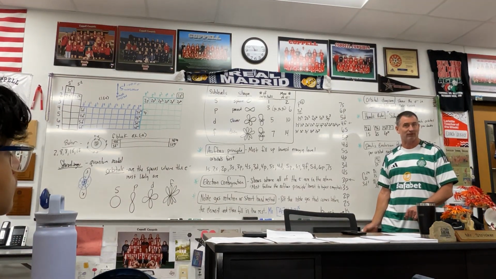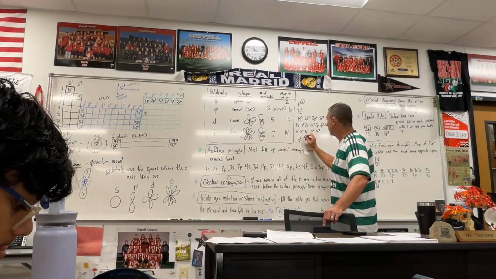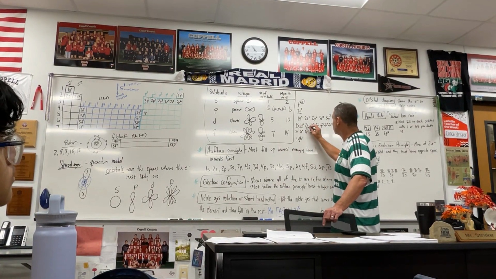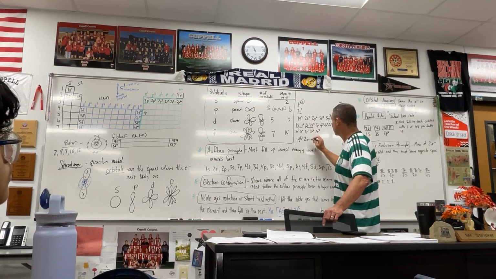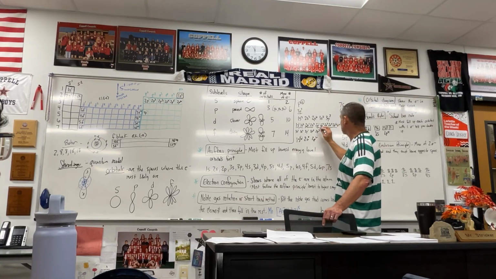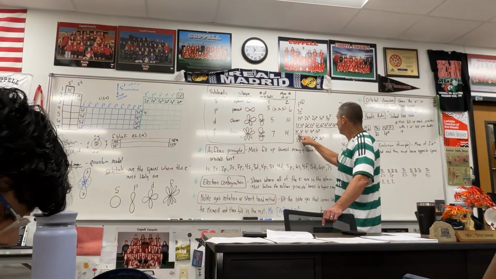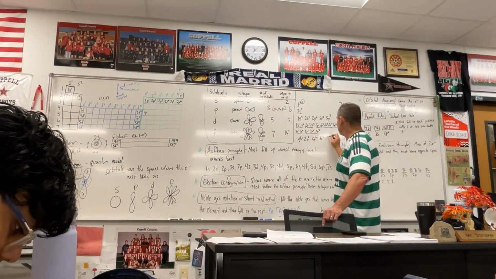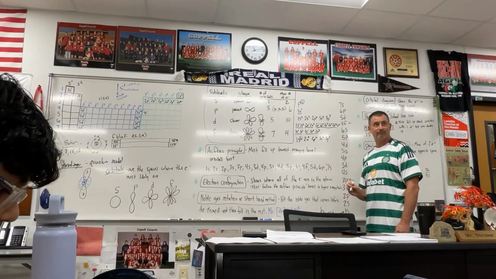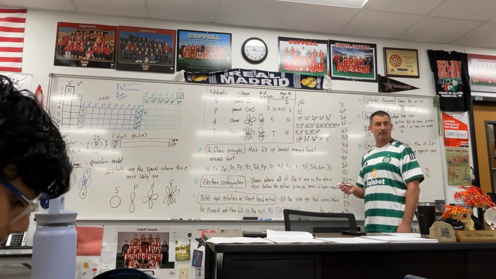If you had to write that much out for each one. So rather than doing 1s1, 1s2, you can just write 1s2, and this accounts for both of those. And then 2s2, this accounts for both of those. And then 2p6 accounts for all 6 of those. 3s2 accounts for both of those. And then 3p3 accounts for those 3. You see that? So this is the electron configuration for phosphorus.